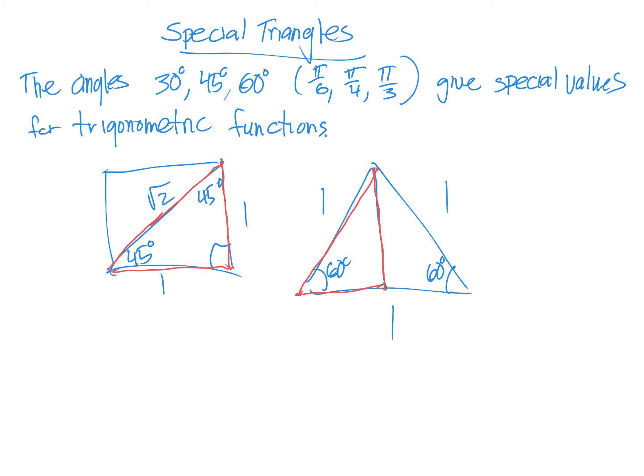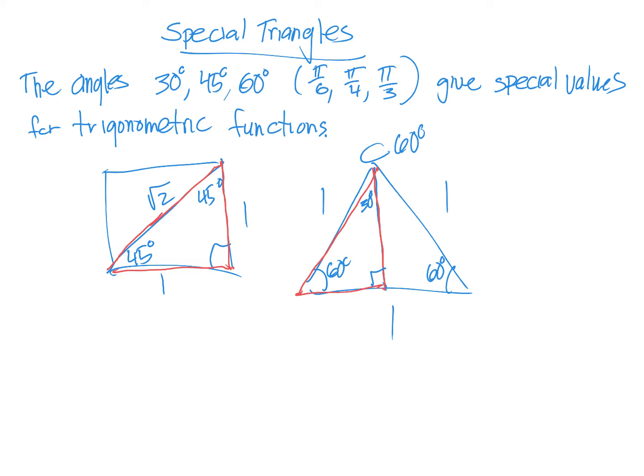So now we're cutting it in half, we have a right angle. The upper angle used to be 60 degrees, but when I cut it in half, now it's 30 degrees. So basically we're folding this equilateral triangle together.